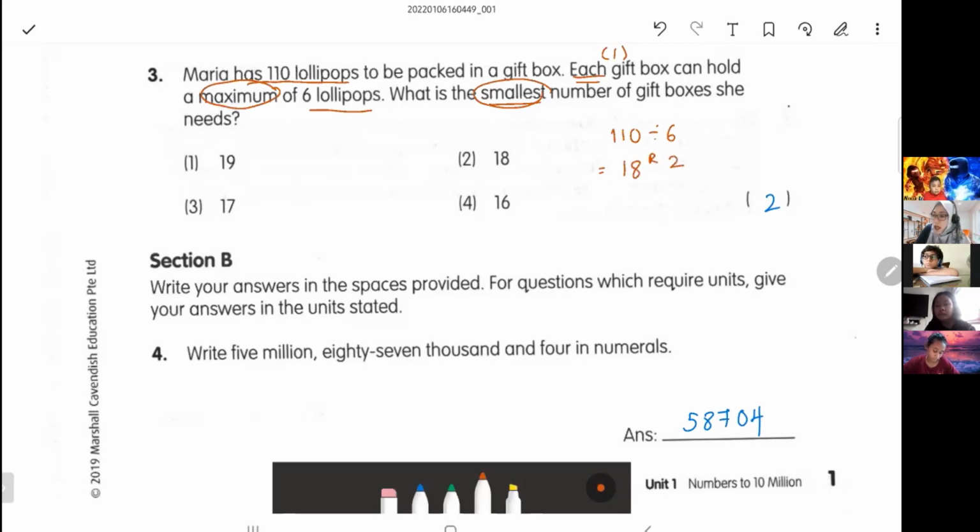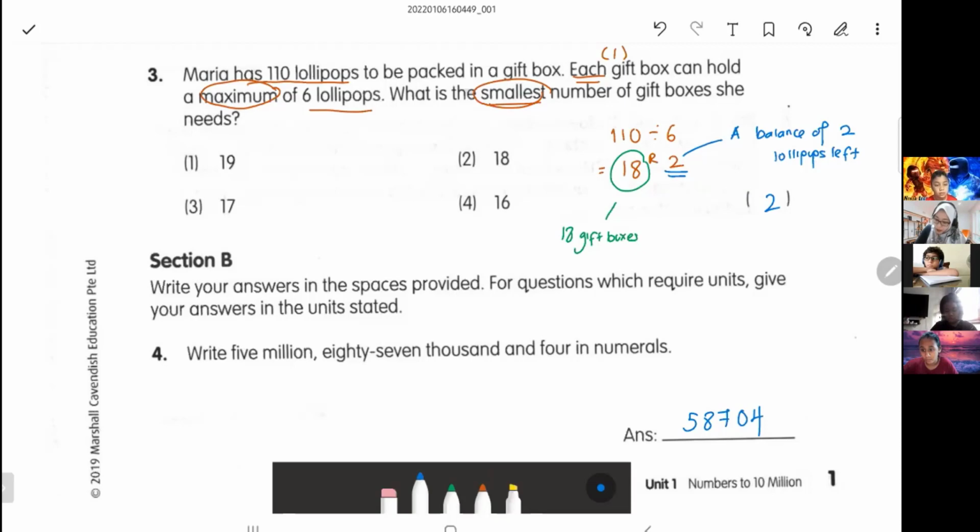But is the answer 18 remainder 2? No. I have 18 gift boxes, and the remainder 2 means I have a balance of 2 lollipops left.